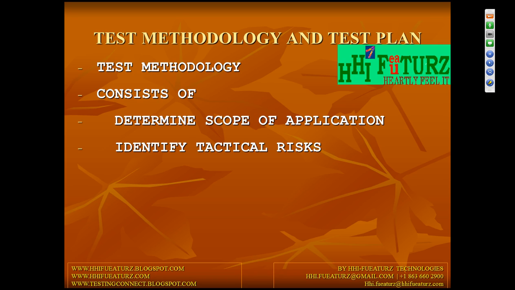Then unknown issues. Suppose five people put in their resignation, but the next release is next month. If that is the case, how will the company survive? These are unknown issues.